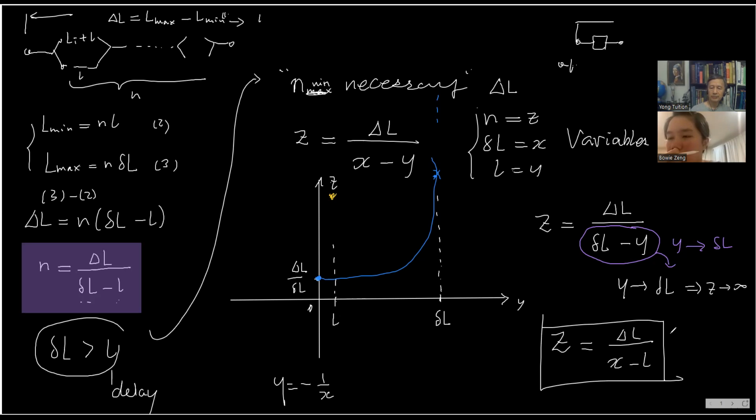Negative. How about x? You can start from 0, right? At the beginning it is negative, right? Positive, negative, positive? Are you sure? Yeah. X is smaller than L. L is positive. Can you see? When x equals 0, it becomes negative L. Yes, it's negative.